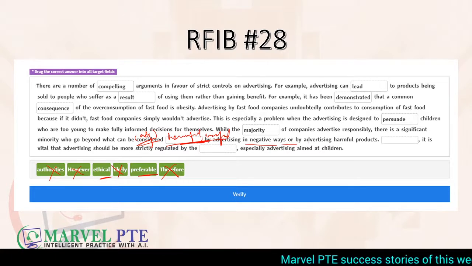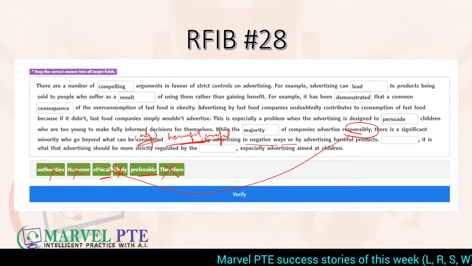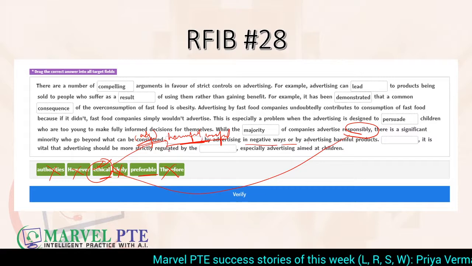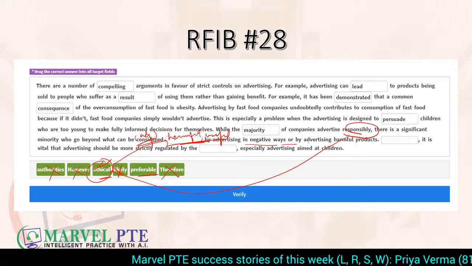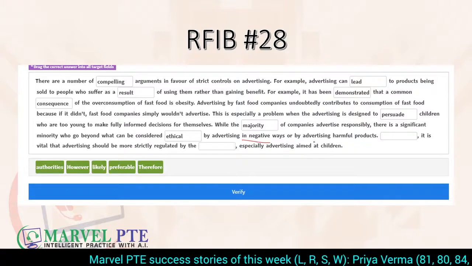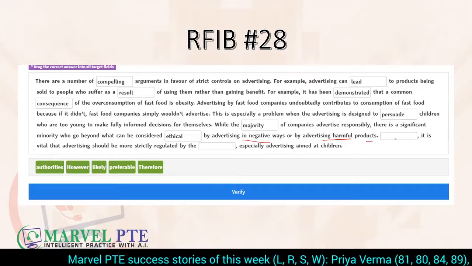Preferable doesn't make sense because we are talking about responsibilities. What is the synonym for responsibility over here? It is ethical. So we are going to put ethical over here. What can be considered ethical by advertising in negative ways or by advertising harmful products.